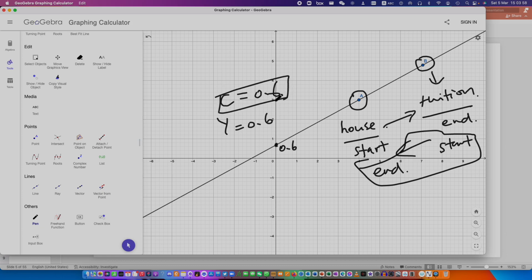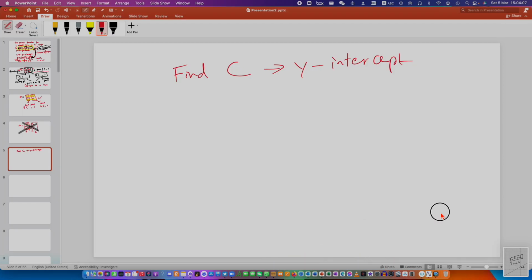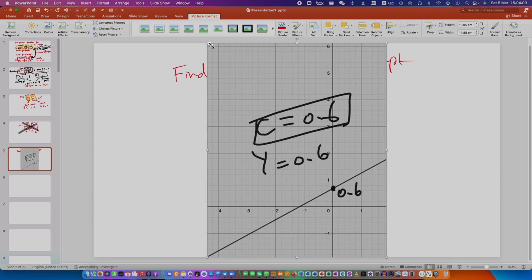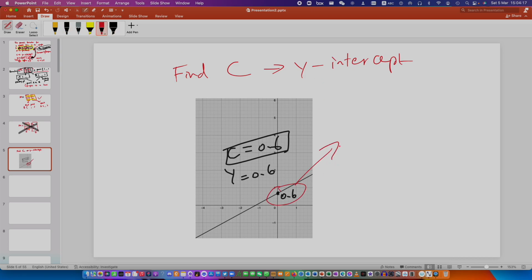So what's the meaning? The meaning is you can read from the graph. This is another method to find y-intercept. Are you clear? So it's to read from the graph. Y-intercept means it cuts the y-axis.